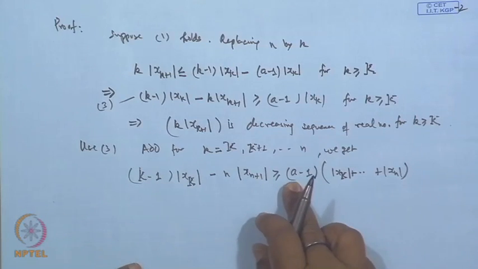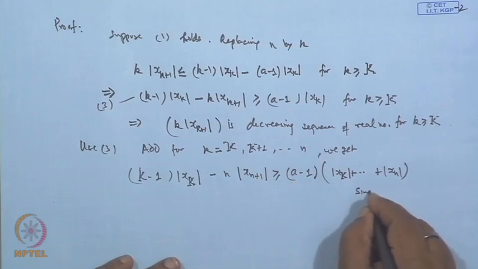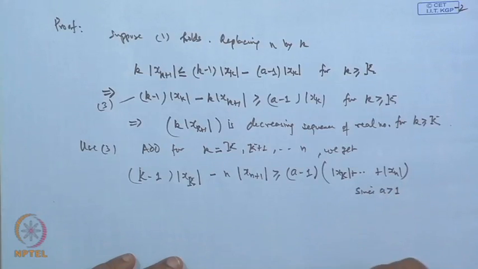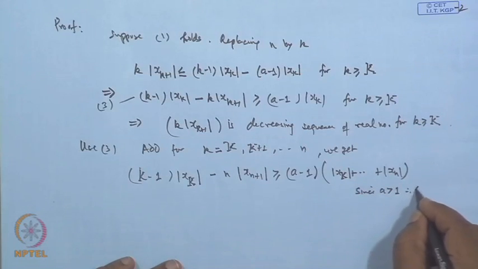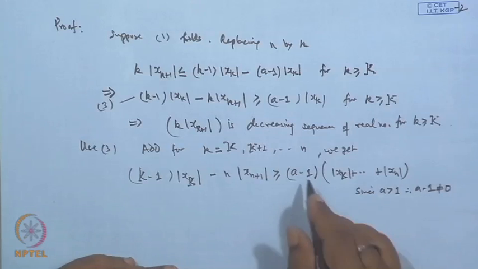Now, since a is greater than 1, a minus 1 is non-zero. So, a minus 1 is different from 0. We can divide by this.